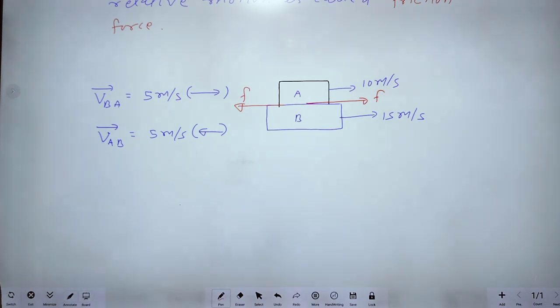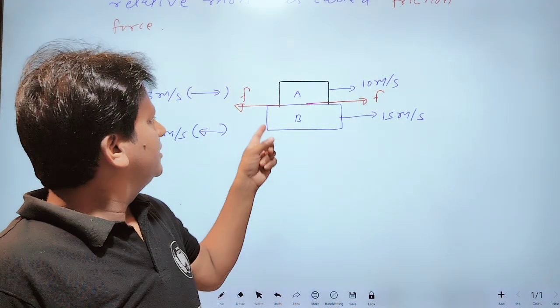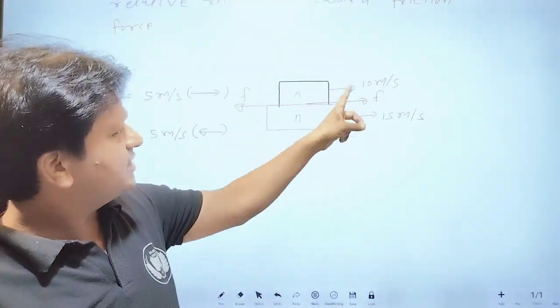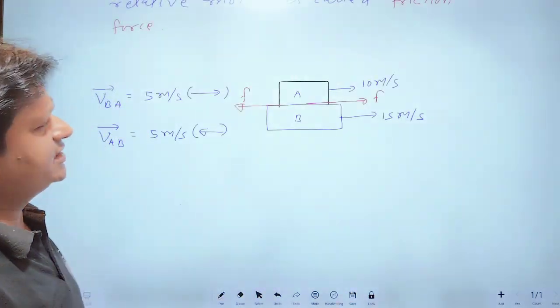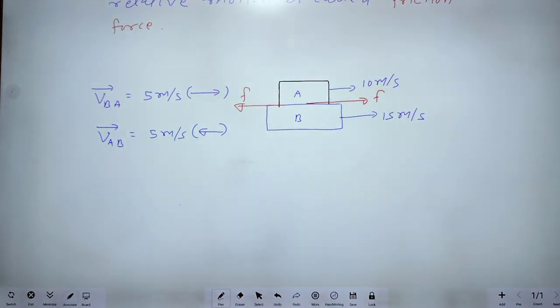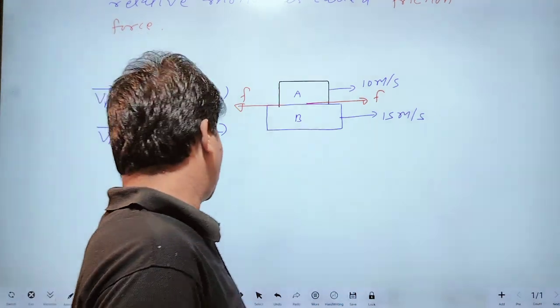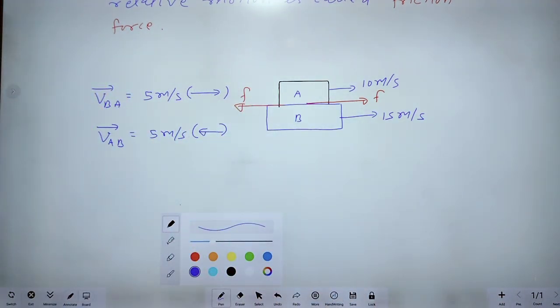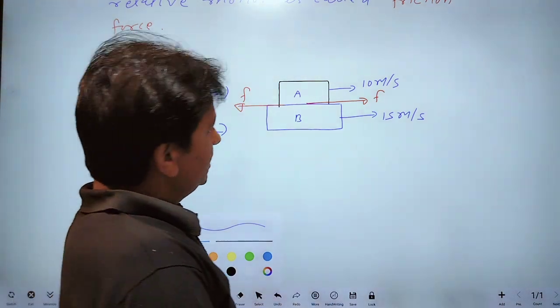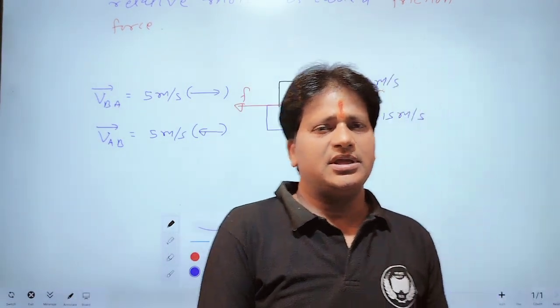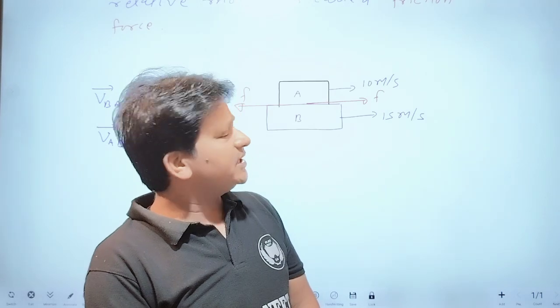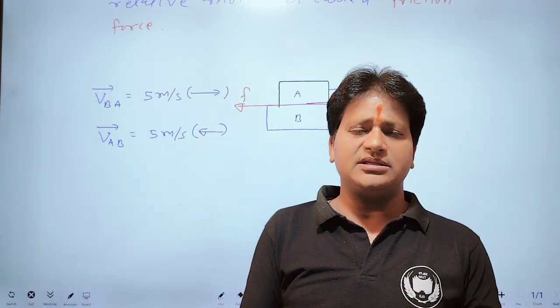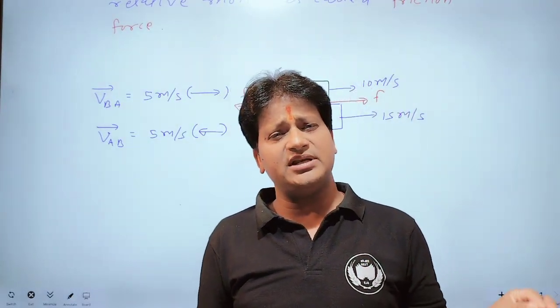Here we observe that both are equal in magnitude and opposite in direction, which follows Newton's third law of motion. According to Newton's law, every action and reaction are equal in magnitude and opposite in direction.